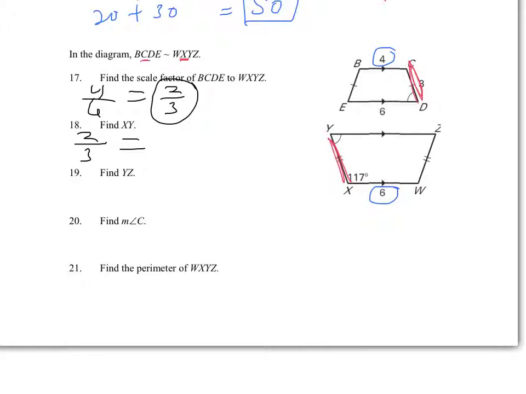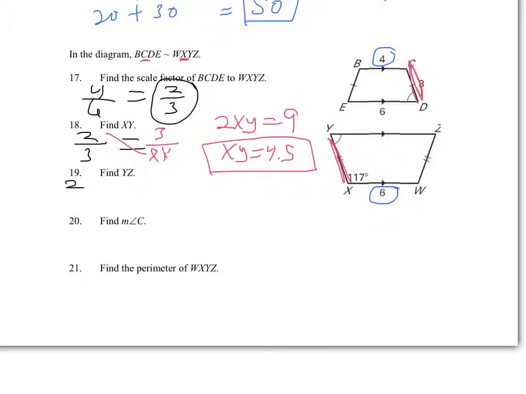So 2/3 is going to equal 3 over my unknown value, XY. You can just put a single letter in there if you want. So then cross multiply, 2 times XY equals 3 times 3 is 9. Divide, and XY equals 4.5.